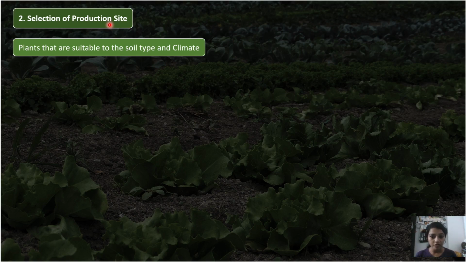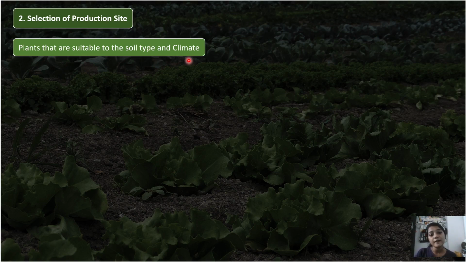So it is very important that we select the very right site of production for the plant of our interest, right? Always, plants that are suitable to the soil type and climate should be selected.